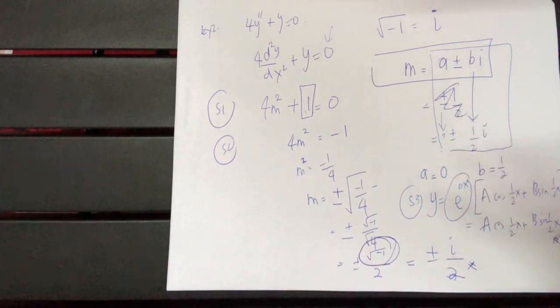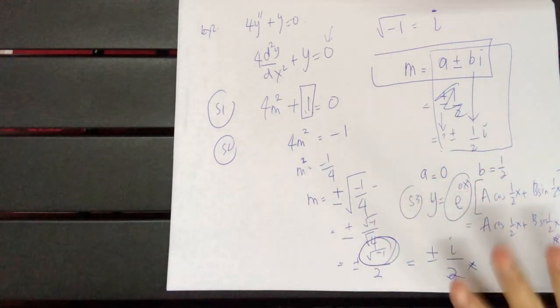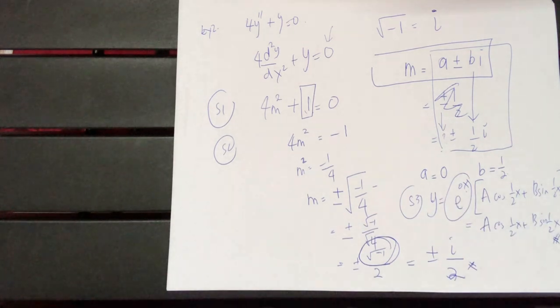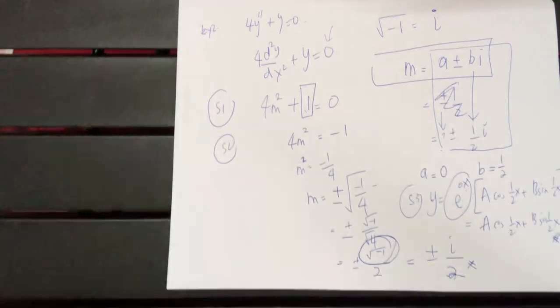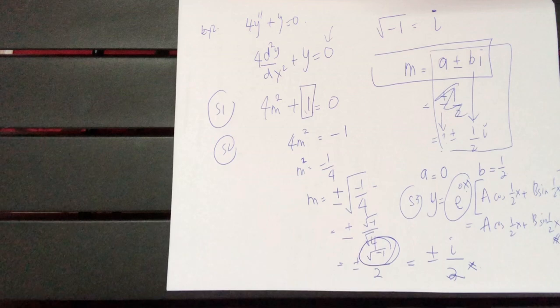You do it until step 3 only. But if your question asks you to solve the differential equation of an initial value problem, that means it's another level. That is what I will show you later in the next video.